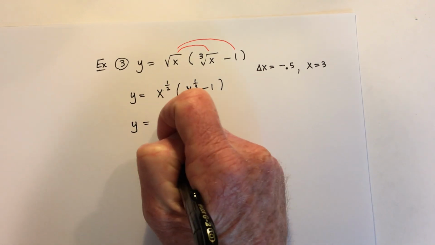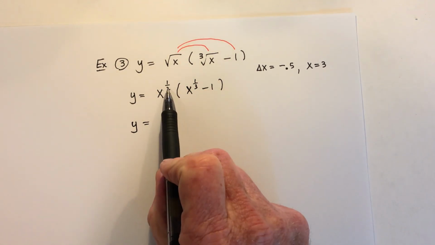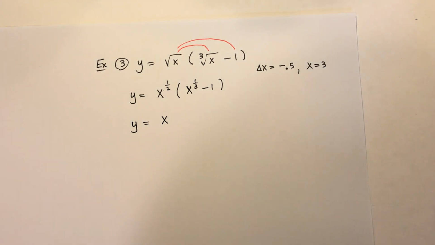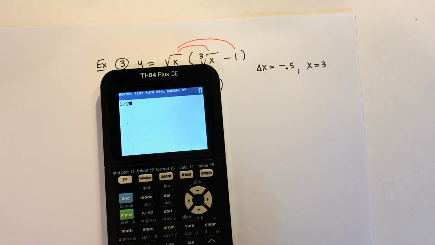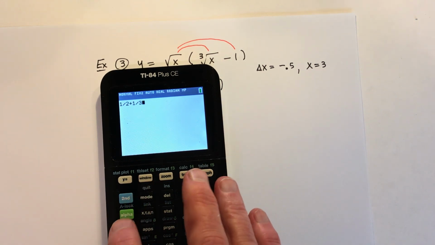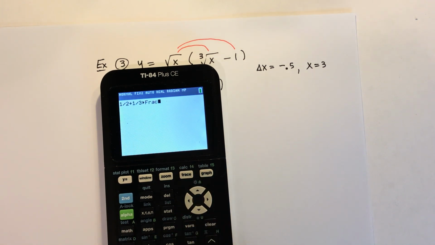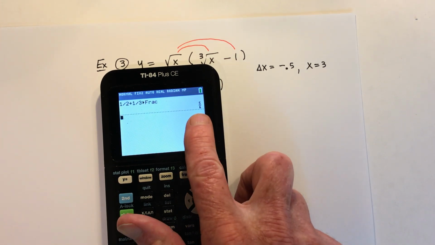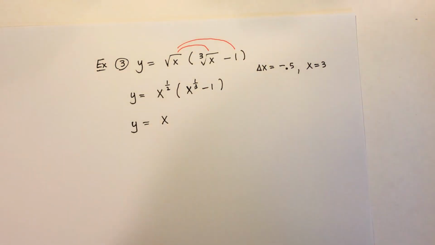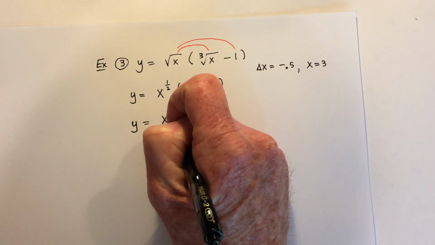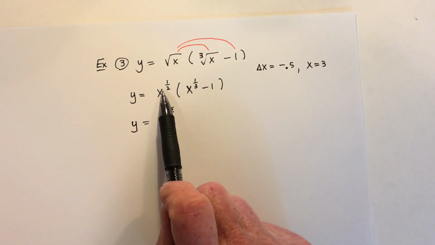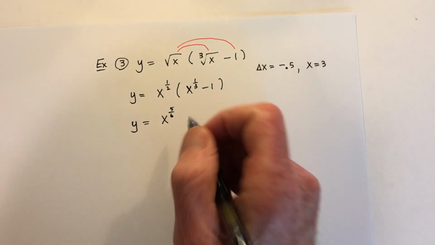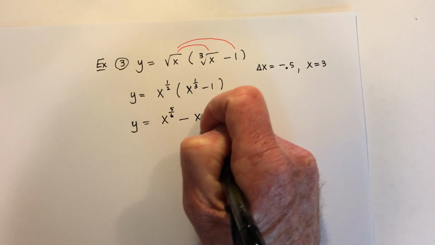So this is going to be x to the, take 1/2 plus 1/3. And go to math and have it change that to a fraction. And it's 5/6. So that means x is raised to the 5/6. And when I distribute this one over to here, it's just going to be minus x to the 1/2.